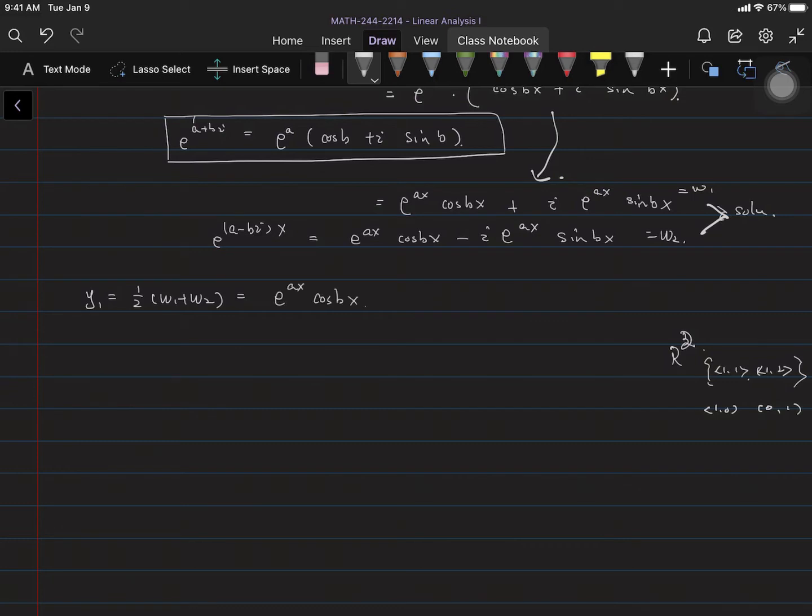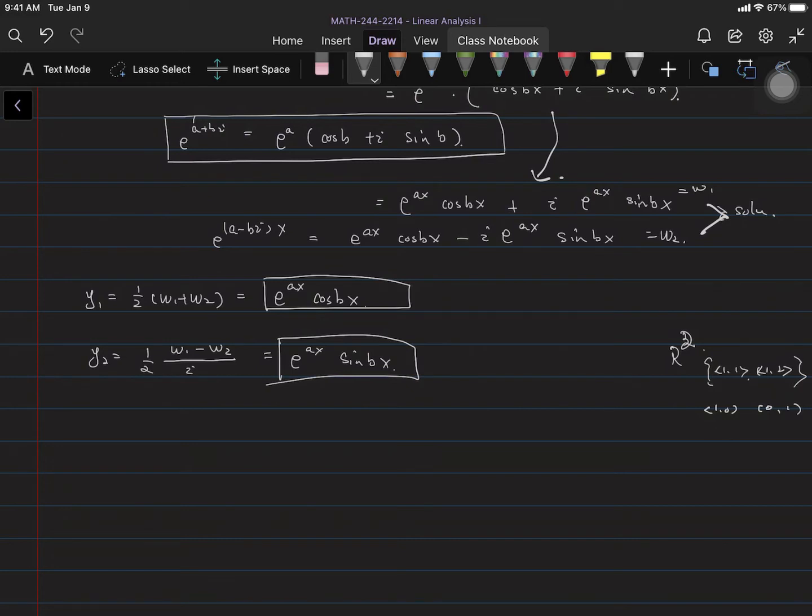And if we do W1 minus W2, divide by 2 and divide by i, we cancel the real part and divide by i. So we get e to the ax sine bx. We want to use them as the general solution. You can see they're pretty easy, right? Compared to W1, W2, which both have two parts, here we only have the easy ones.